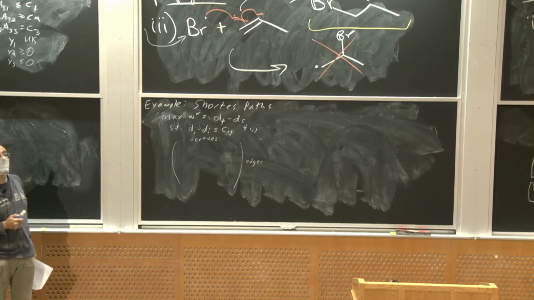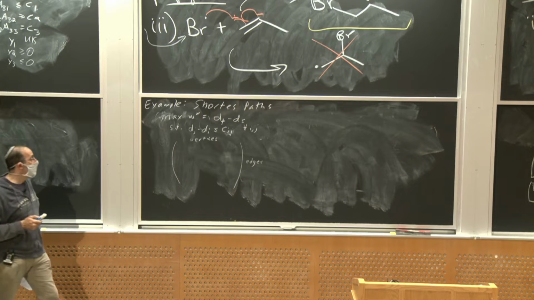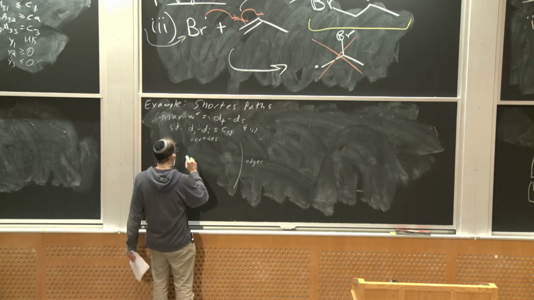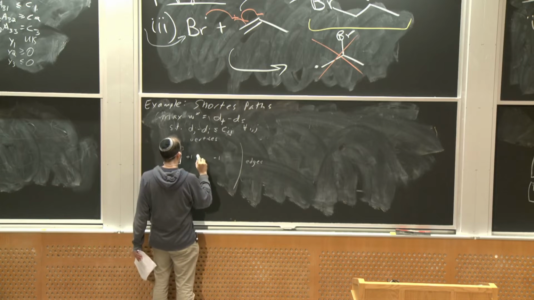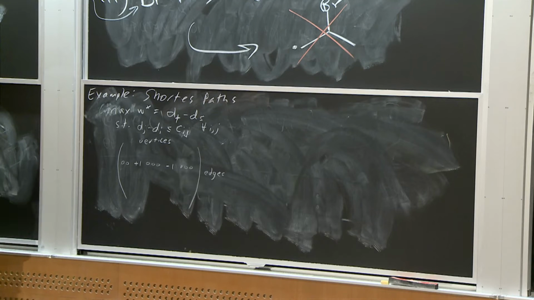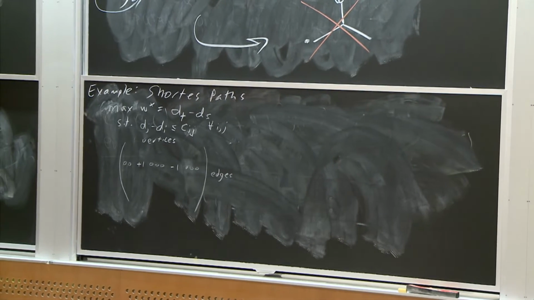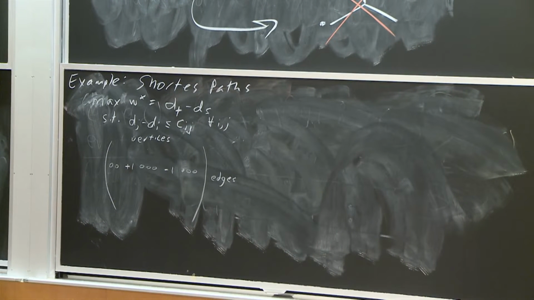So one for A and direction one for B, if the edge is A pointing to B. Exactly. We get a +1 and a -1 and a whole bunch of zeros. Right? We get a +1 at the head of the arc, and a -1 at the tail of the arc. Okay?